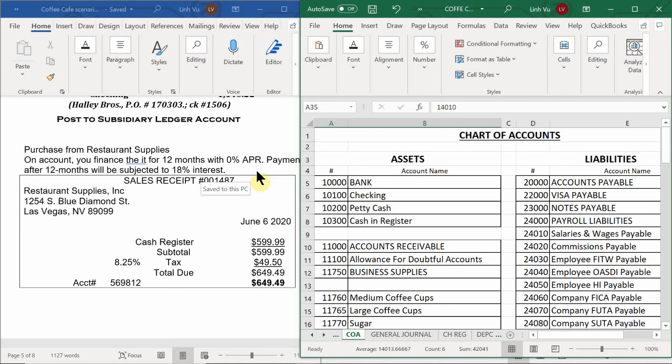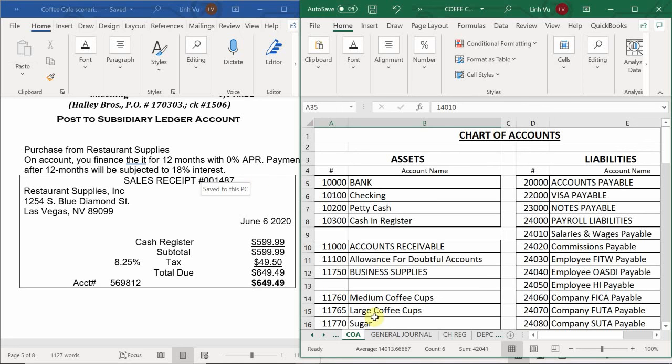And that's what you want to do, because you never want to pay money into interest. You're not paying for the asset for $649, you're paying this plus 18% interest. And you shouldn't have to pay more than what you want for something that you need. So in this case, I'm going to use a notes payable.